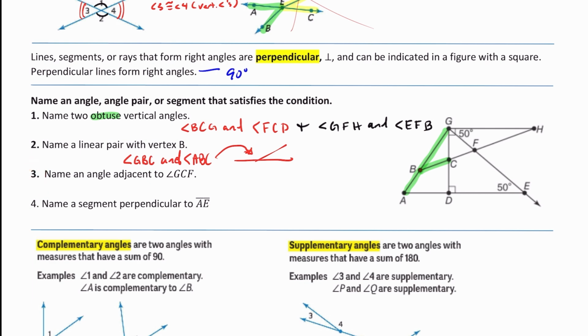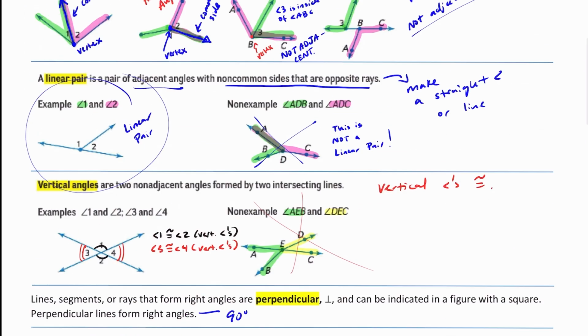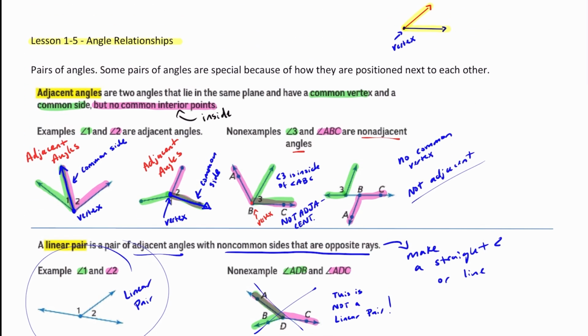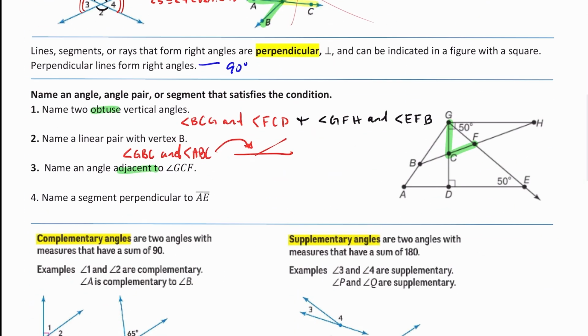Number 3, name an angle adjacent to angle GCF. And what does adjacent mean again? Adjacent angles are two angles that lie in the same plane and have a common vertex and a common side but no common interior points. C is the middle letter. That's the vertex.